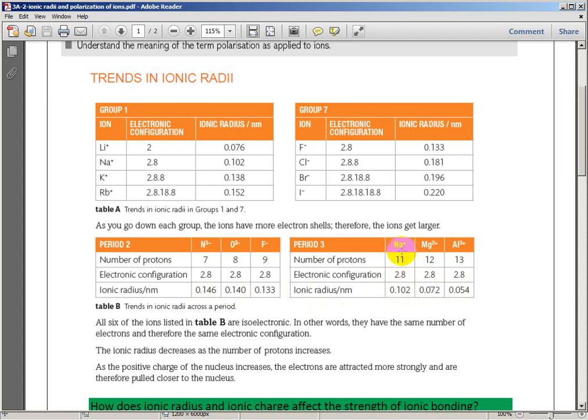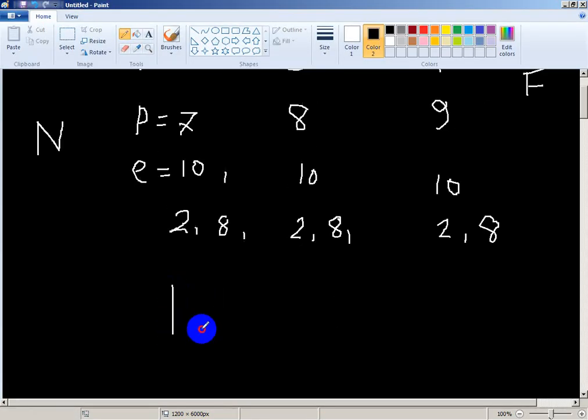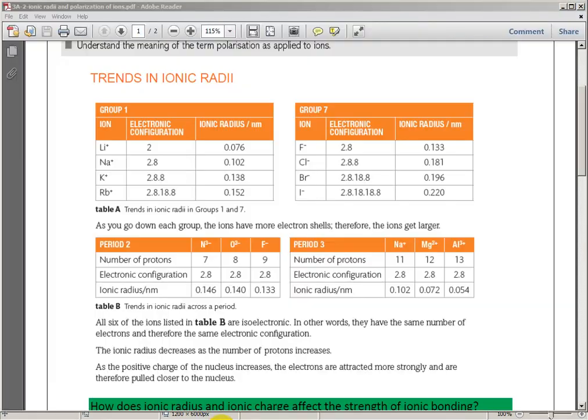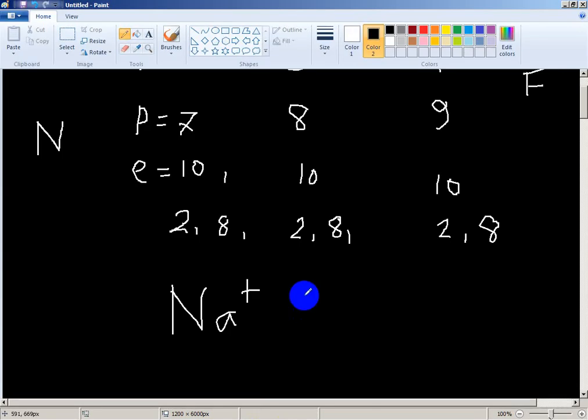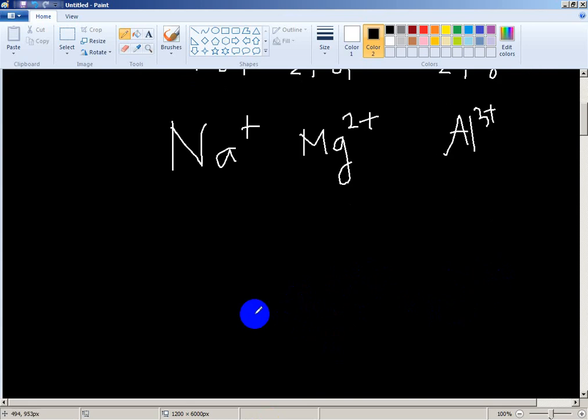The number of protons differs. Look at sodium, magnesium, aluminum. What is the atomic number of sodium?